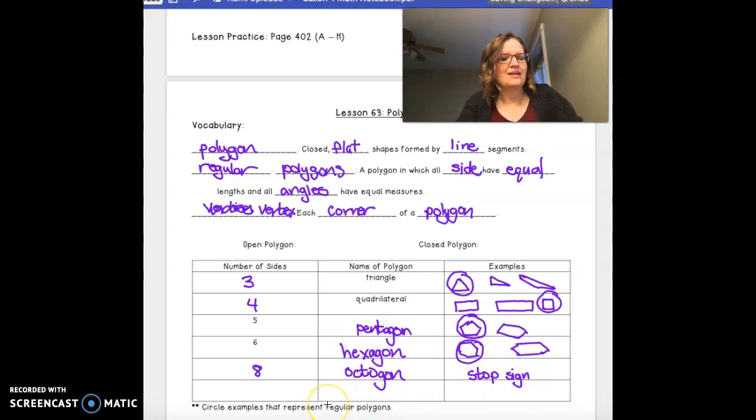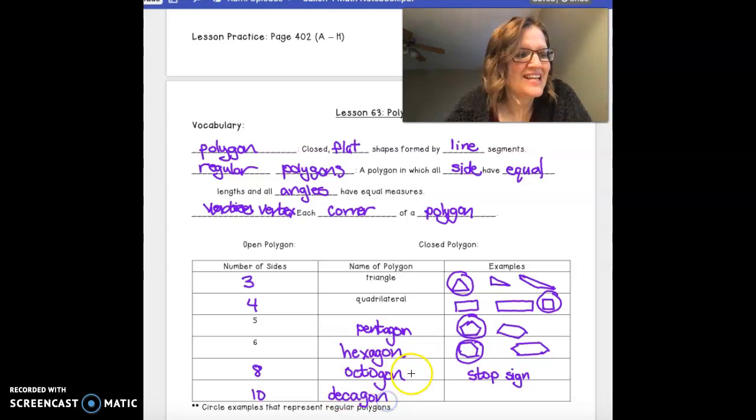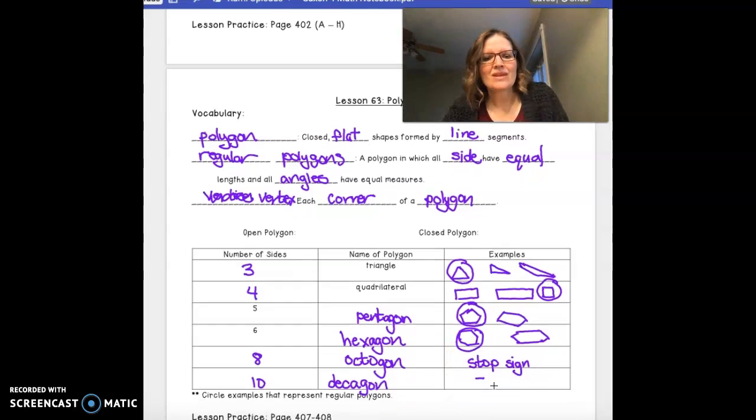And finally, a decagon is 10 sides. When you hear dec, that gives you a clue that we're talking groups of 10. Pretty amazing, difficult to draw, but please consult your book.